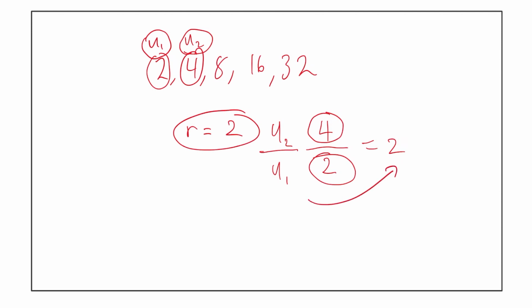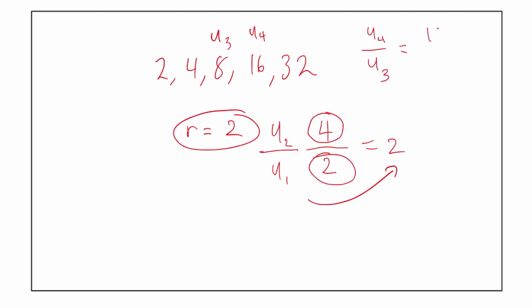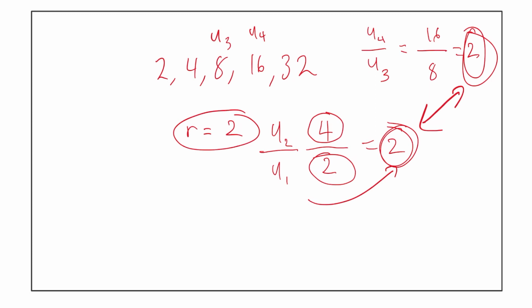Let's take any two terms again: the third term and the fourth term. u4 to u3, fourth term to third term, is equal to 16 to 8, which is equal to 2. See? The same ratio, we get 2 again. That's why it's called the common ratio, and it's the number that we always multiply by to get from one term to another. Sorry for this mess, but you get the point.